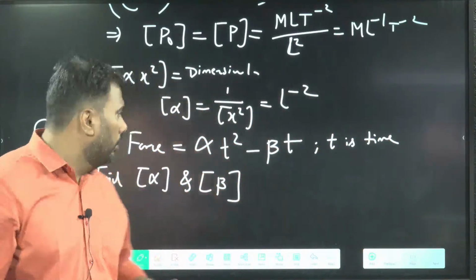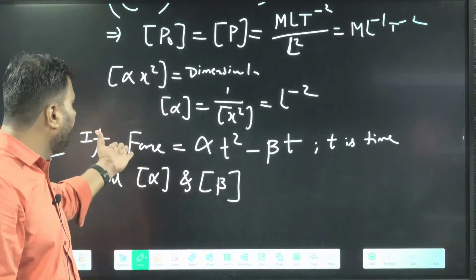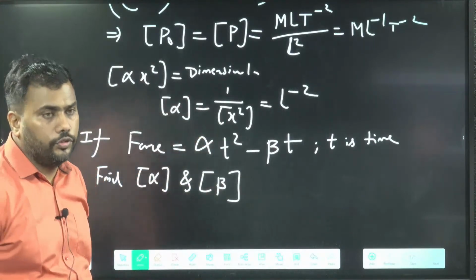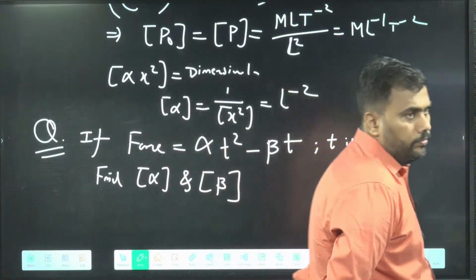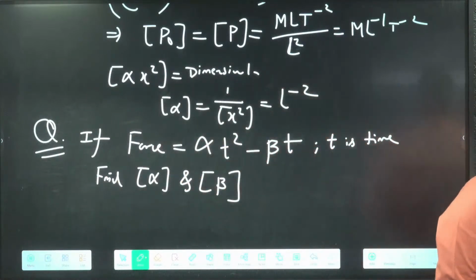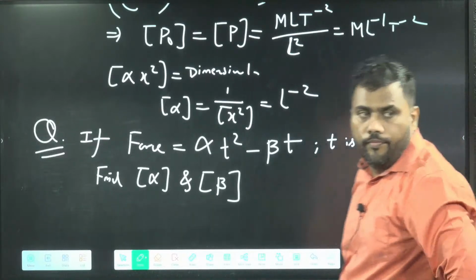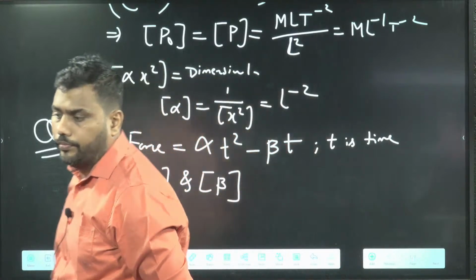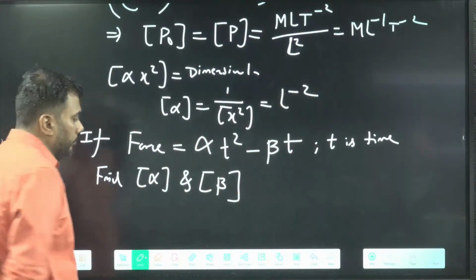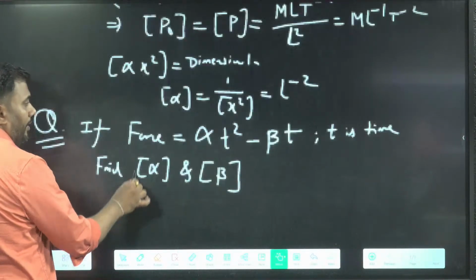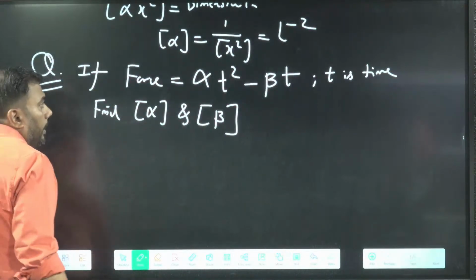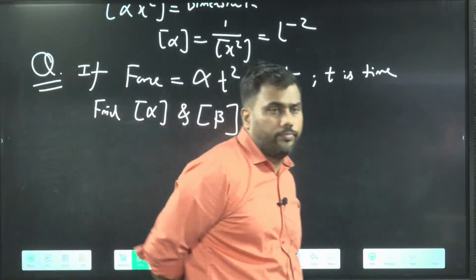I am asking you the dimensions of alpha and beta, where F is force, t is time. Solve this.